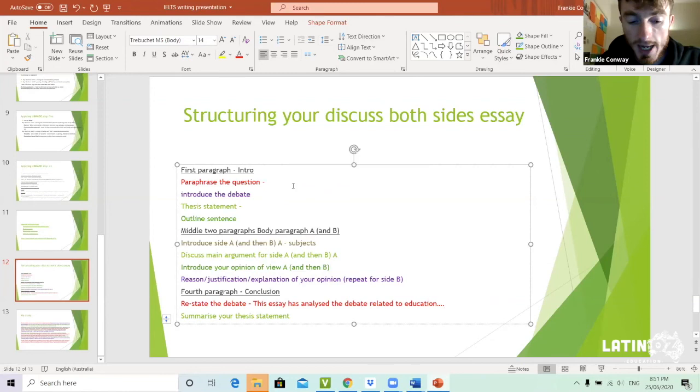But maybe in the introduction, you could say a topical debate, or how a child's experience in school is a topical debate. So you've used different words: education in the conclusion, school in the introduction, debate in the introduction, maybe discussion in the conclusion. So as long as you're adapting the words, that's fine.